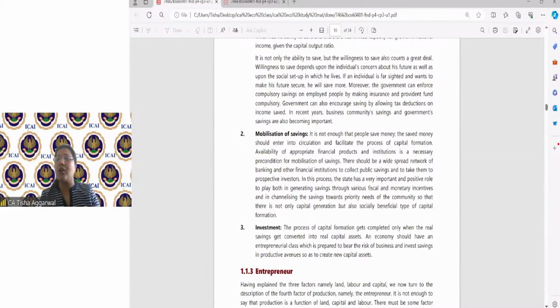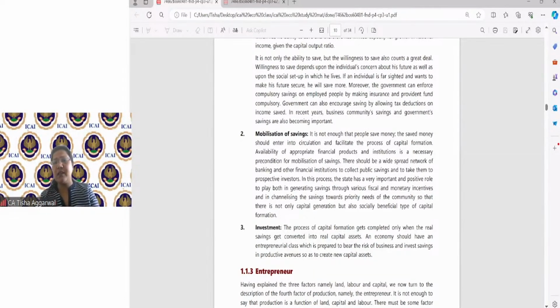So mobilization of saving is wherein my resources are utilized in such a way that the whole capital formation takes place. You circulate it, you put it in financial products, mutual funds, bank FDs, etc. You mobilize. And the third one is investment.